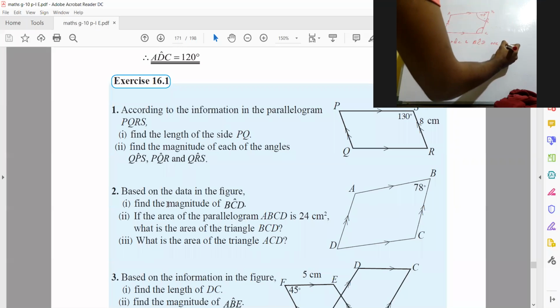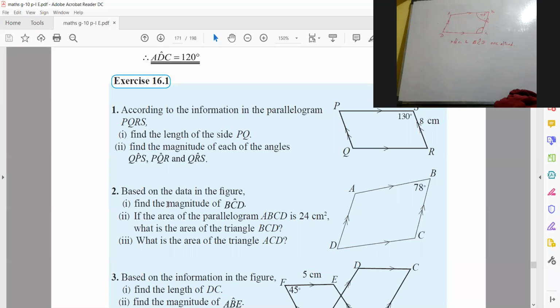Allied angles, right? Therefore, the sum of these two must be equal to 180 degrees, right? Therefore, 180 should be equal to 78 degrees, which is ABC, plus this angle, call it BCD, right? Therefore, the angle BCD becomes 102 degrees. Right?